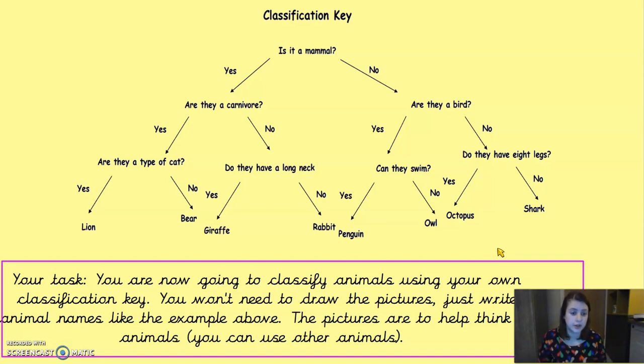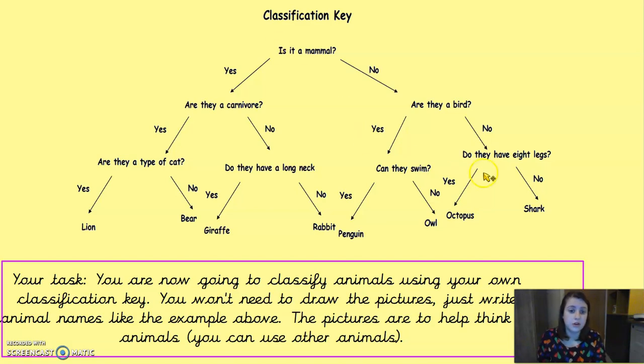So you need to look at those 8 animals and think about how you're going to classify them, how you're going to get them all onto your key. So your very first question is a really important one. What question could you ask that's very clearly going to split your 8 animals into 2? And so it's not just any random questions. It's questions that are going to get to the point where you have all of your animals on your classification key.